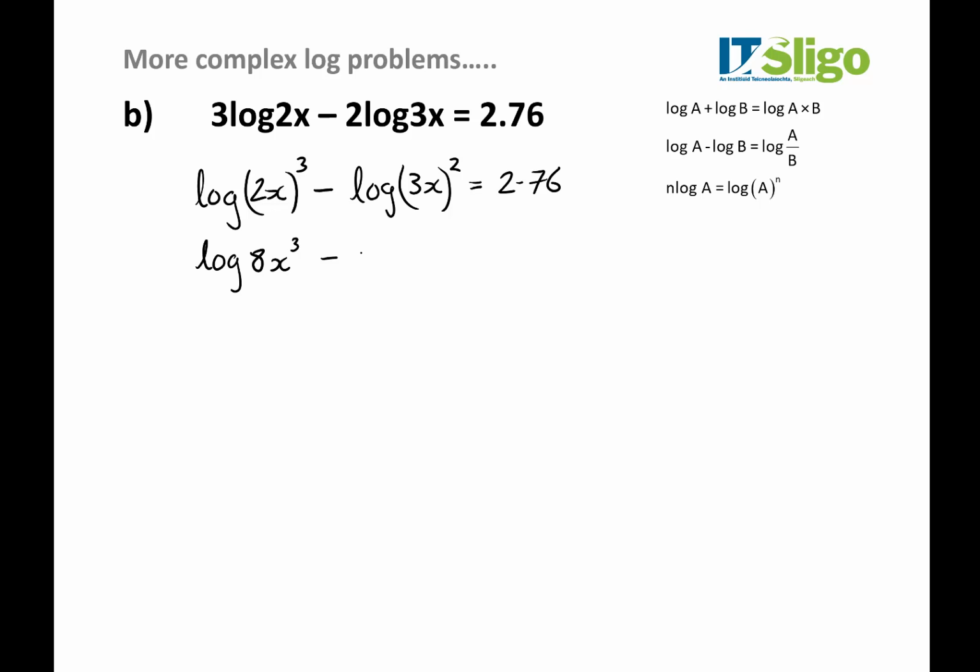Here now 3x is to be squared, so each term again gets squared, so 3 squared is 9, x squared. So very easy to make a mistake going from the first line to the second line. Double checking everything's okay. Now we use rule 2, the log of A divided by B.